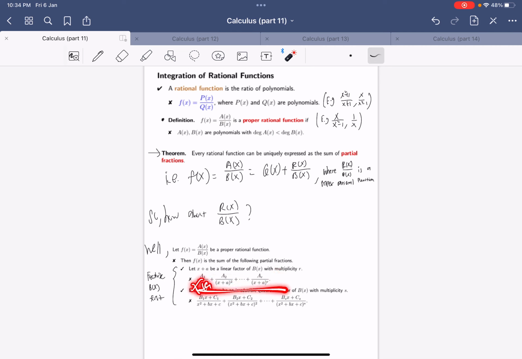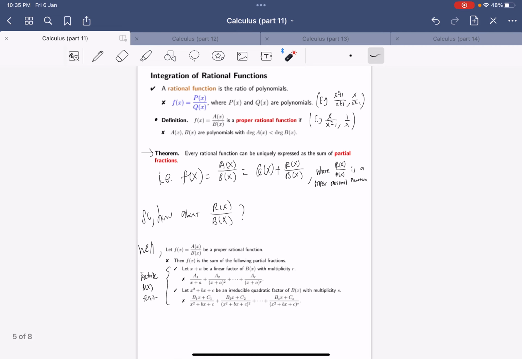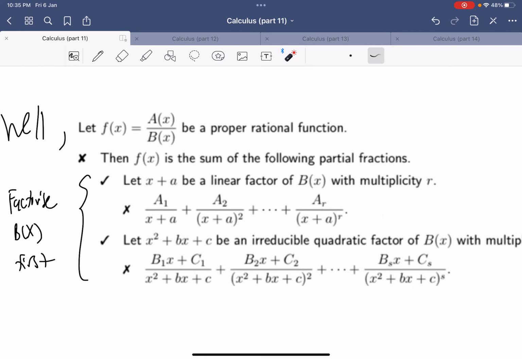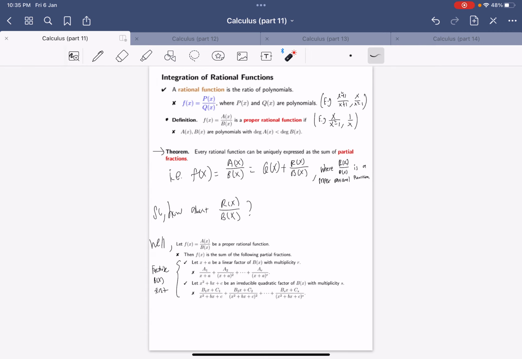Below is x plus a, then x plus a squared, all the way to x plus a to the power of r. And if it's an irreducible quadratic factor, then it can also be expressed out, but now the numerator is a linear term, a degree one less than the denominator. Just like how if you have a linear factor, then the numerator's degree is 0, so it's just a constant.